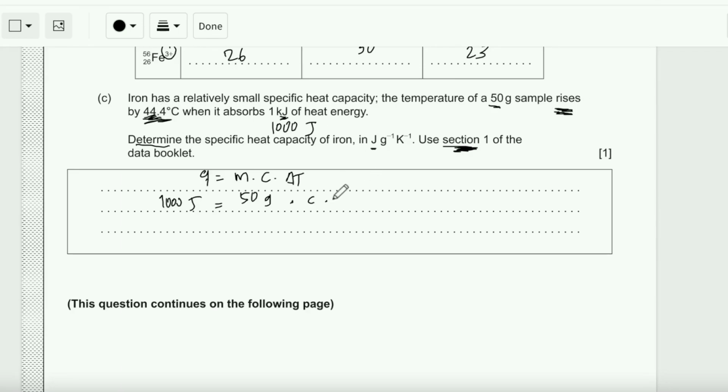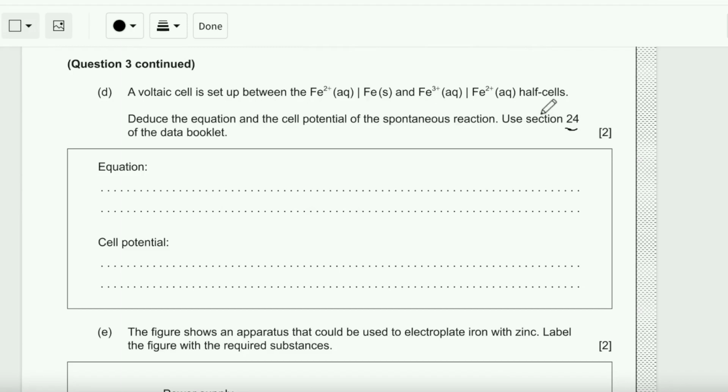Because it rises, it directly mentions the difference of temperature. So c would be 1000 joules divided by 50 times 44.4, 0.45 joule per gram Kelvin.